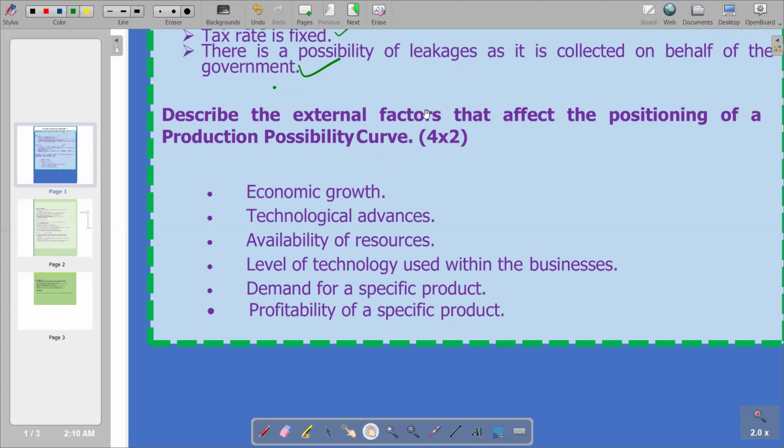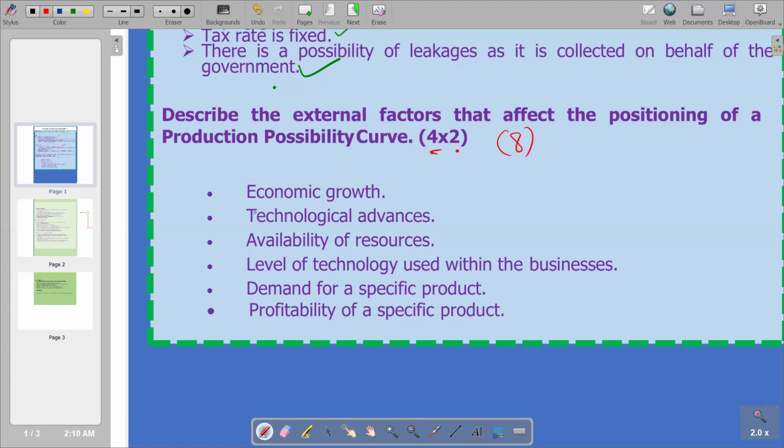This question also has 8 marks, and it requires us to raise 4 points, each with two marks, so our total marks is also 8.